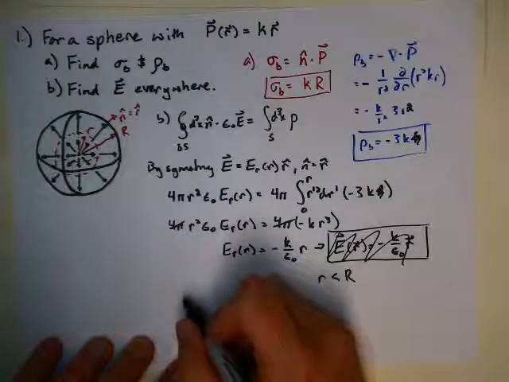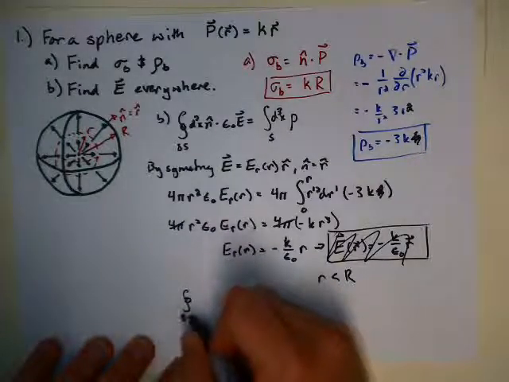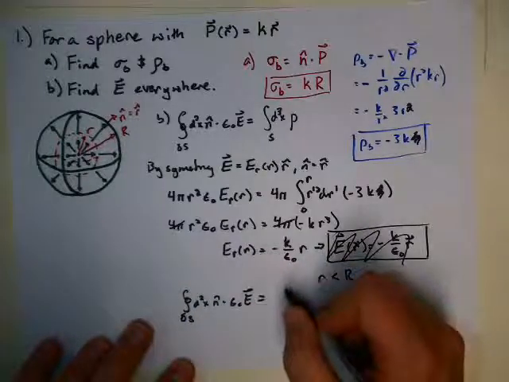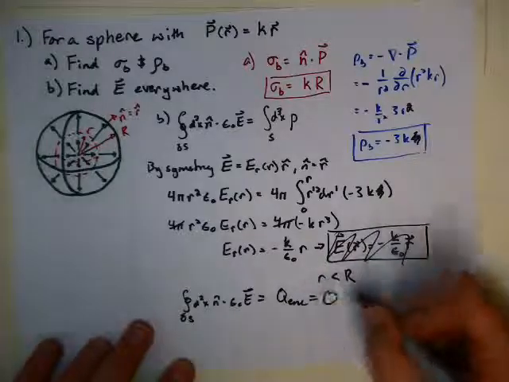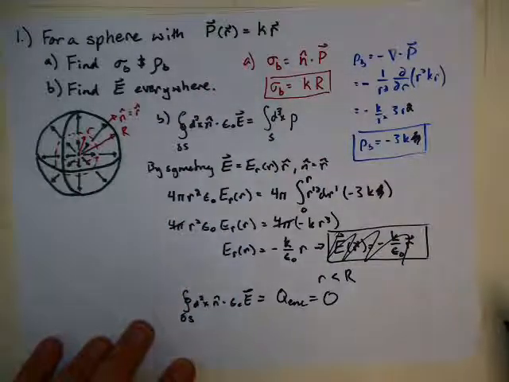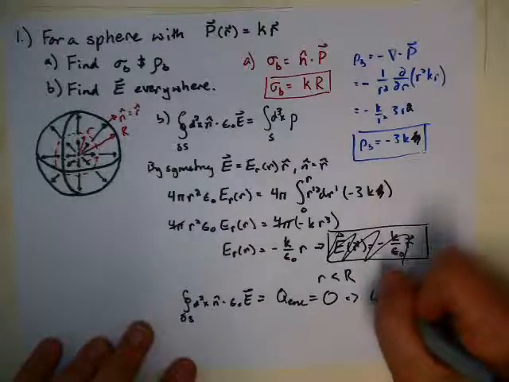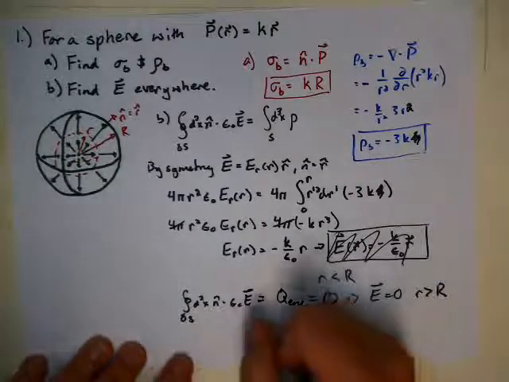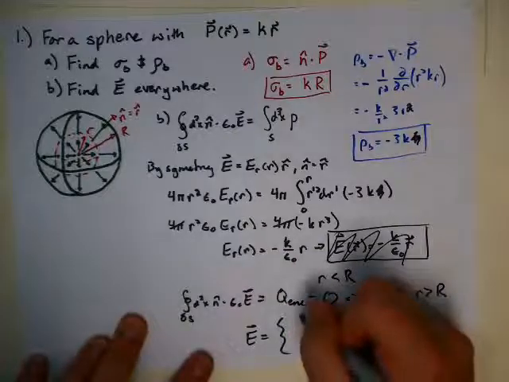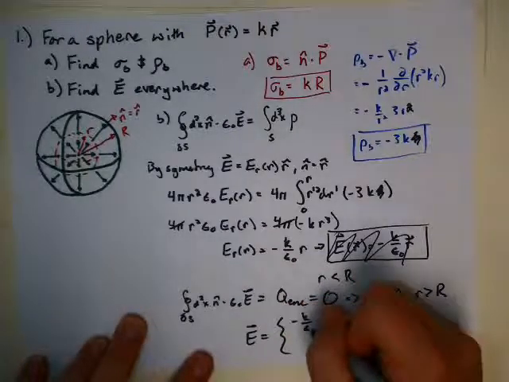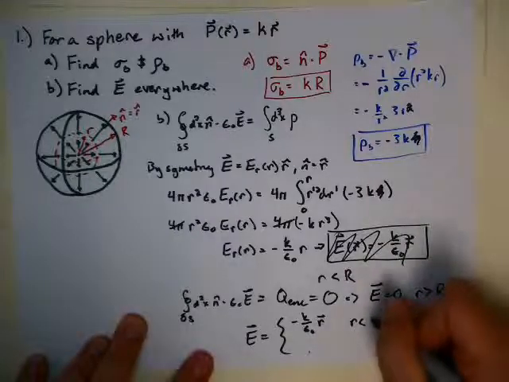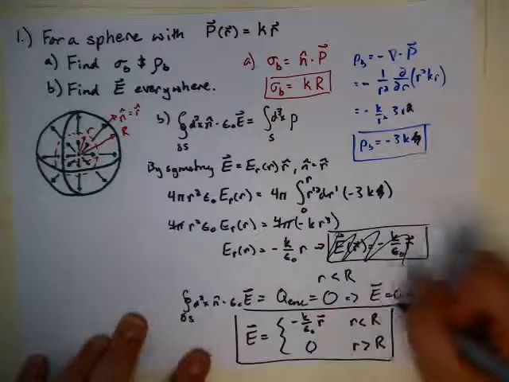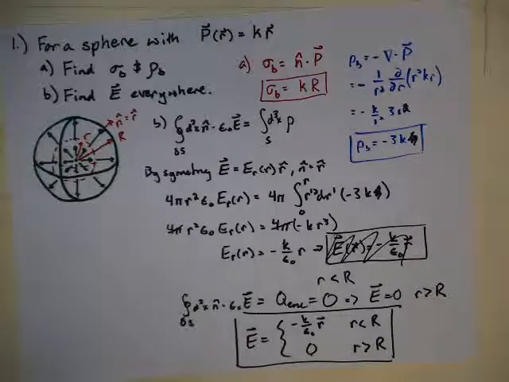Writing that, we have the integral over dS of n hat dot epsilon naught E equal to Q enclosed, but we know that's 0 because I have a neutral polarized object. That implies that E is 0 for r greater than capital R. And so E everywhere is minus k over epsilon naught r vector for r less than capital R, and 0 for r greater than capital R. Okay, and that's it. That's how we can do a locked-in polarization problem.